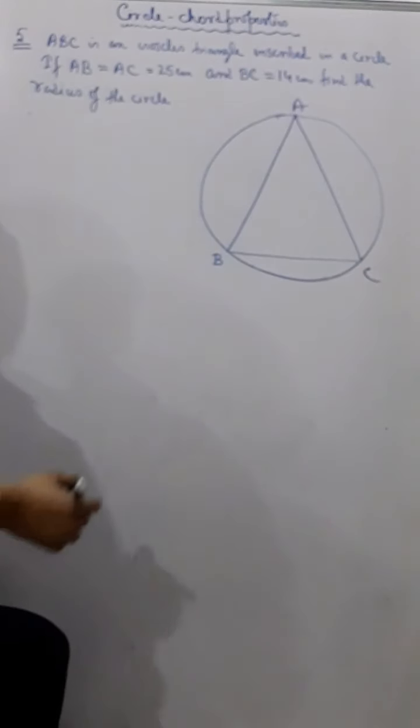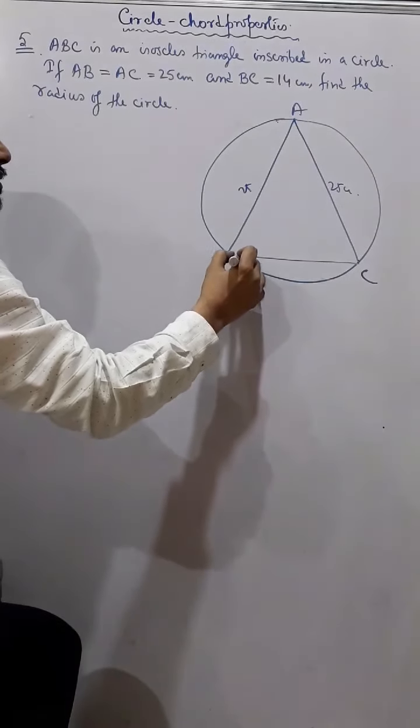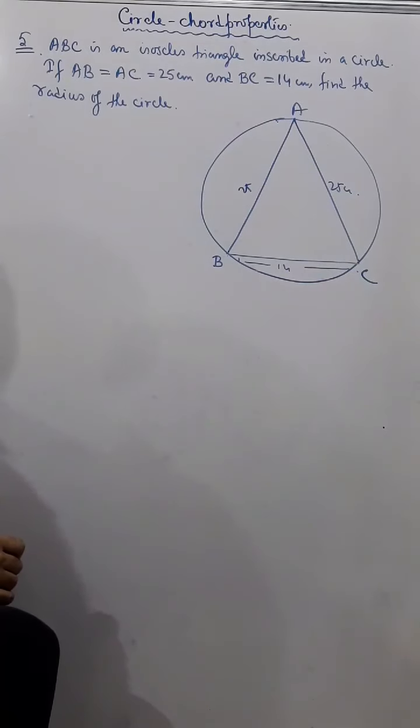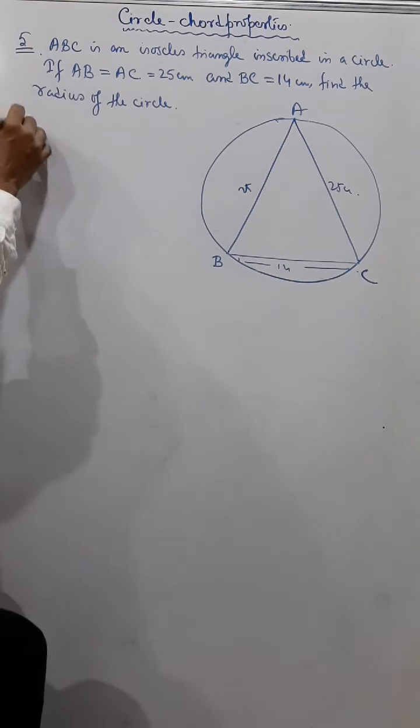And they told AB is equal to AC, so naturally this is AB and this is AC, and this is 25 and BC is 14, and they told find the radius of the circle. Now here also first we will do a construction.